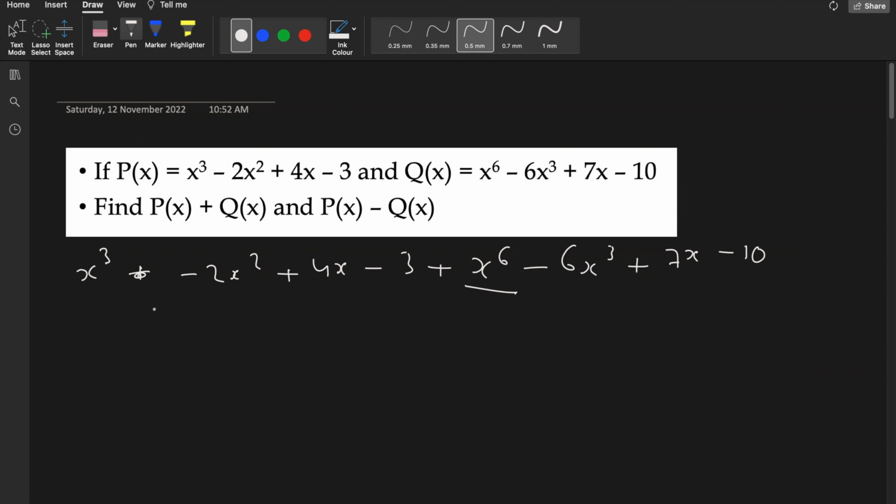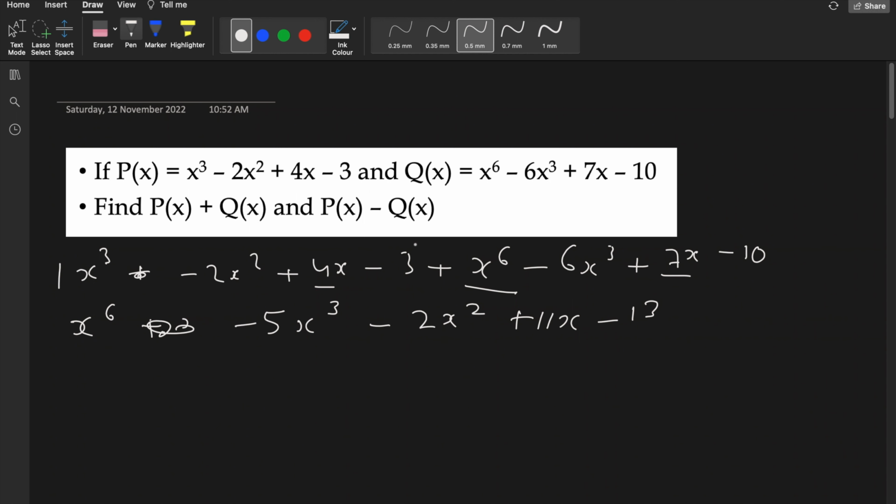So this is not a like term, so we can just retain it. This is 1 and minus 6, so that would give us minus 5x to the power of 3. And then this is the only x squared term, so you can write this. And then 4 plus 7 would give us 11x. Then minus 3 minus 10 would give us minus 13.